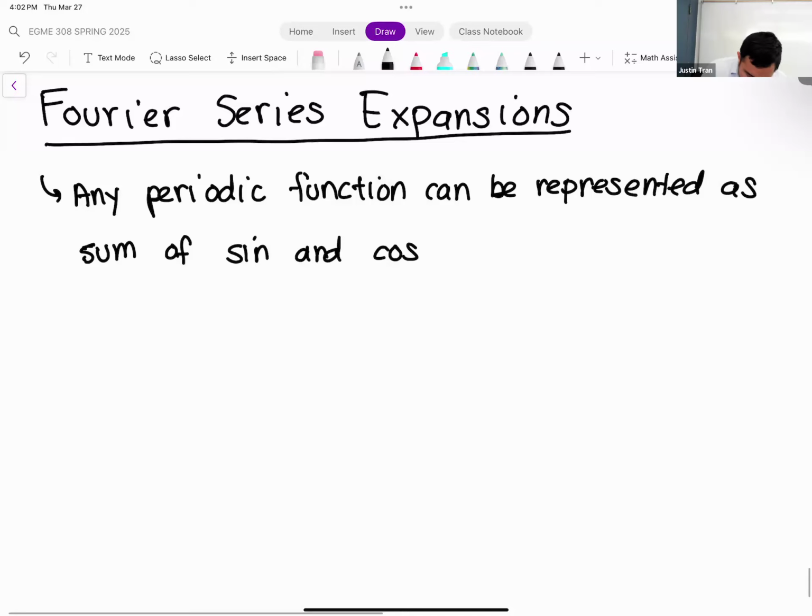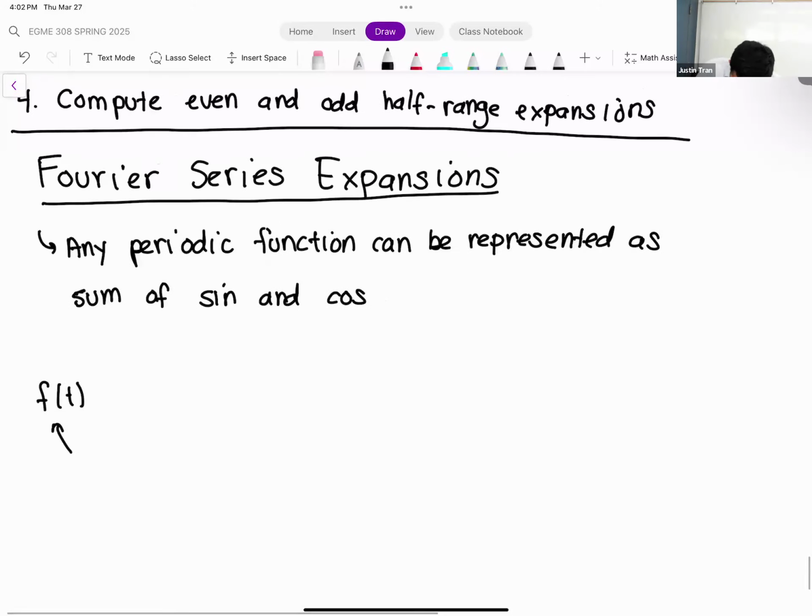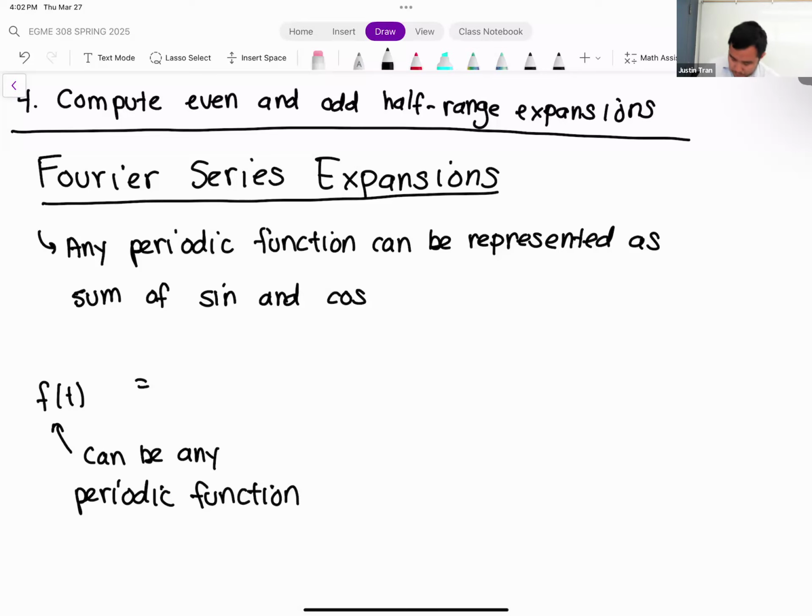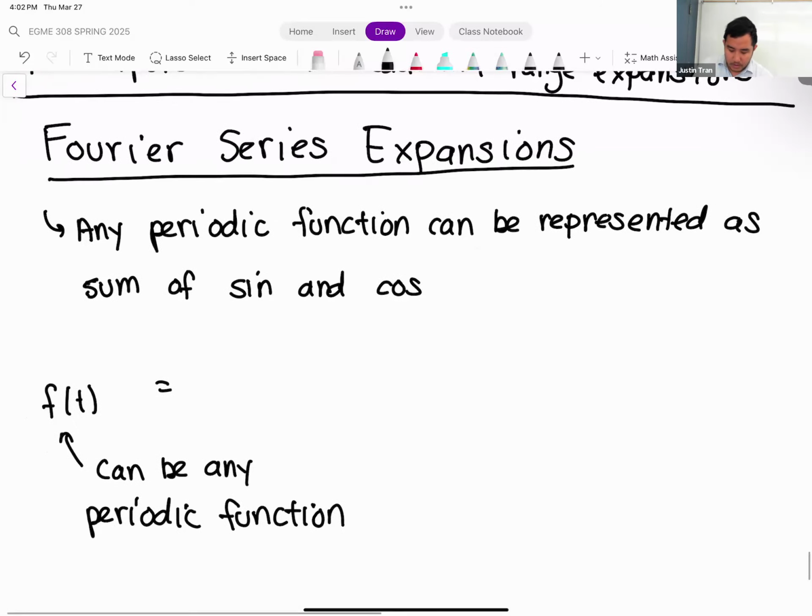So basically it looks like this. We have f of t. F of t here represents any periodic function. Through a Fourier series expansion, we can represent it as this kind of infinite sum.